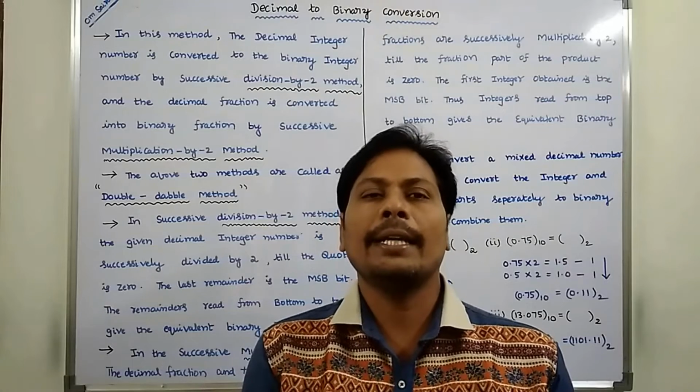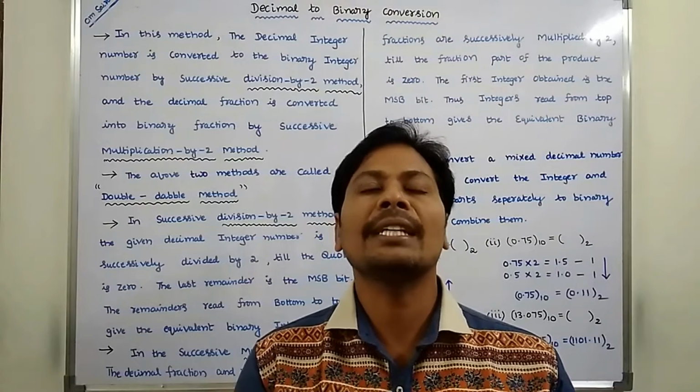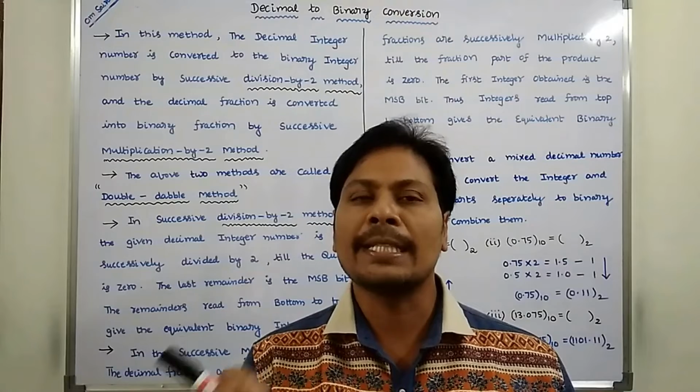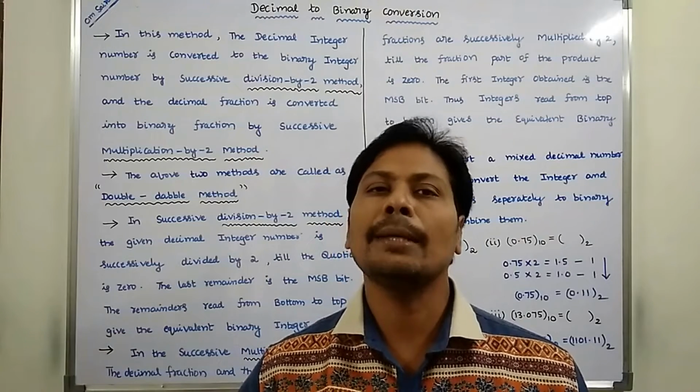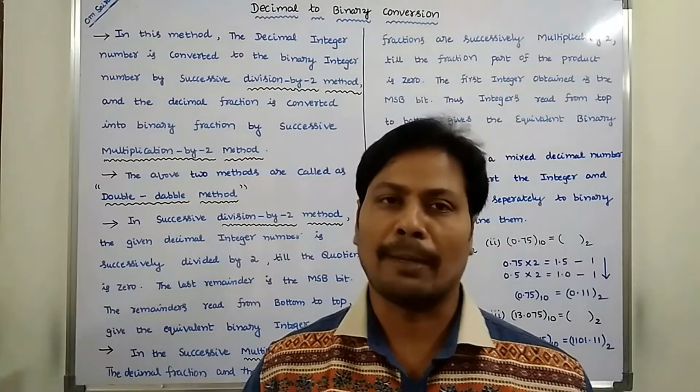The first method, successive division by 2, is used for converting the given decimal integer number into the equivalent binary integer number.